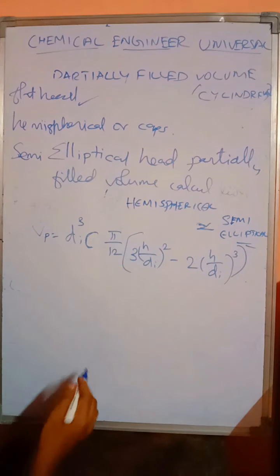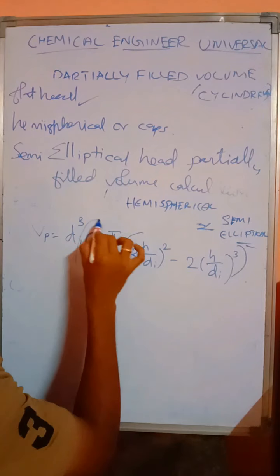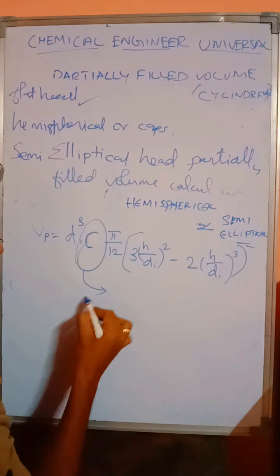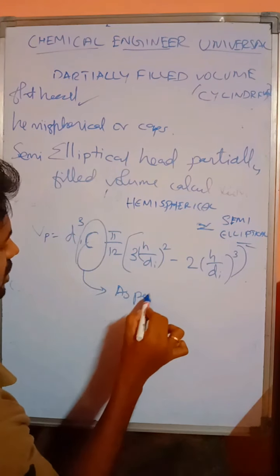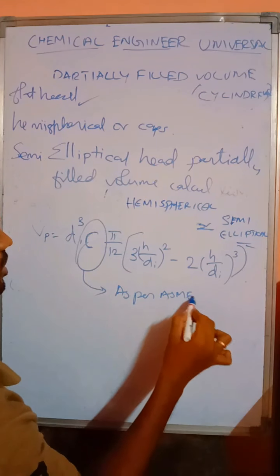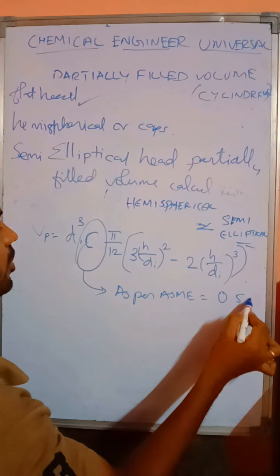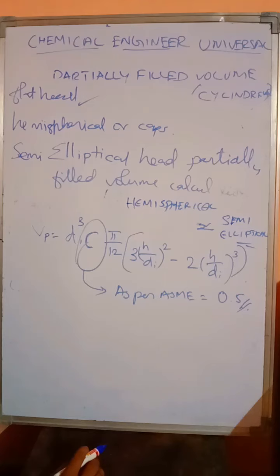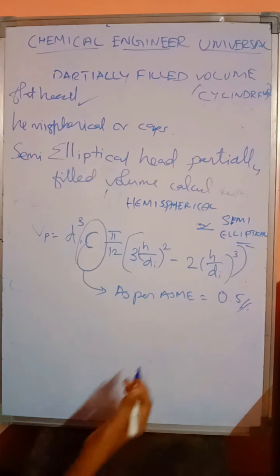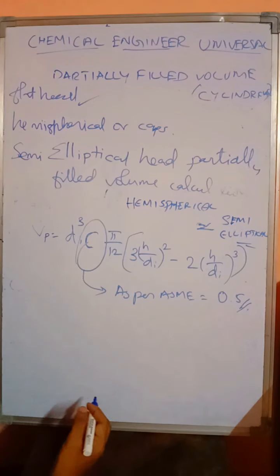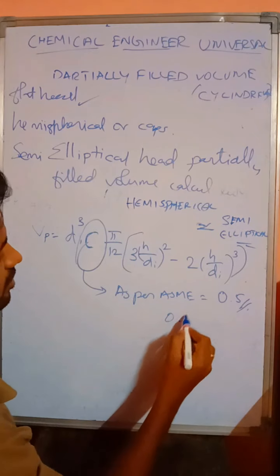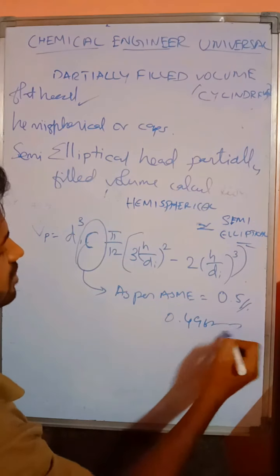Same formula, but the only thing that changes is the constant. To take the constant as per ASME, it will be 0.5. Or if you want to calculate the exact value, it won't vary much. It will come like 0.496 something.